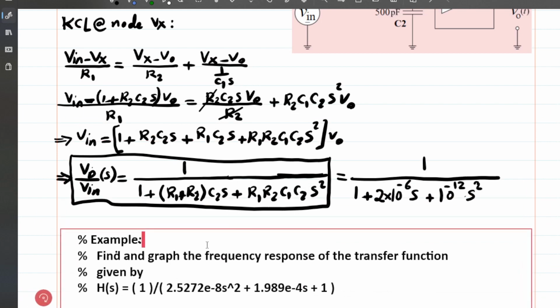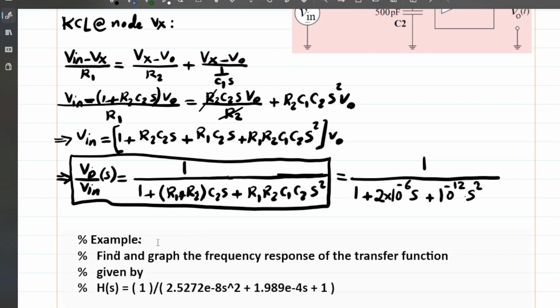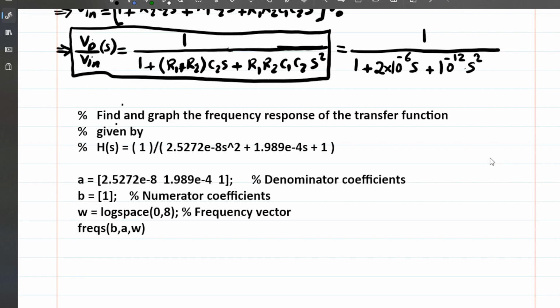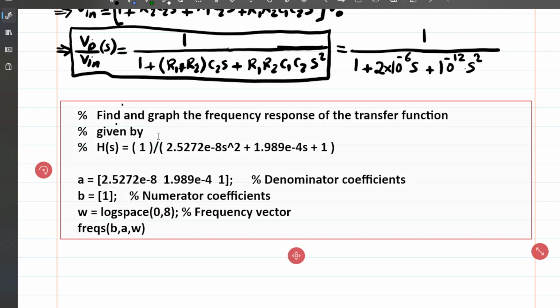Okay, so this is what you need to do effectively. If you use this setup MATLAB command, what we are doing is finding and graphing the frequency response of this transfer function.